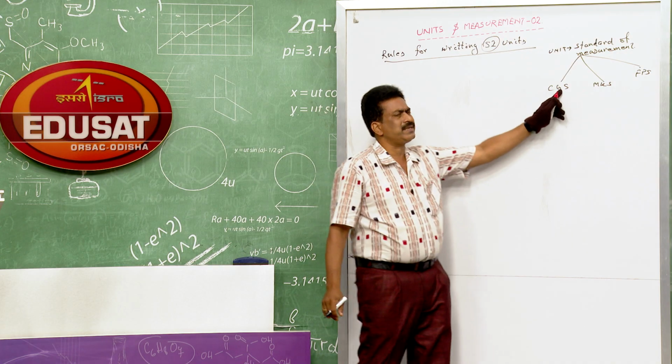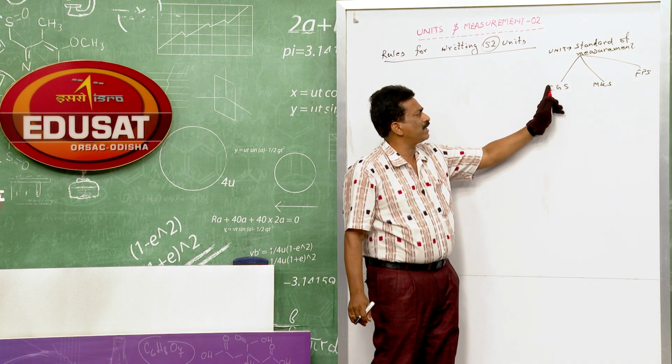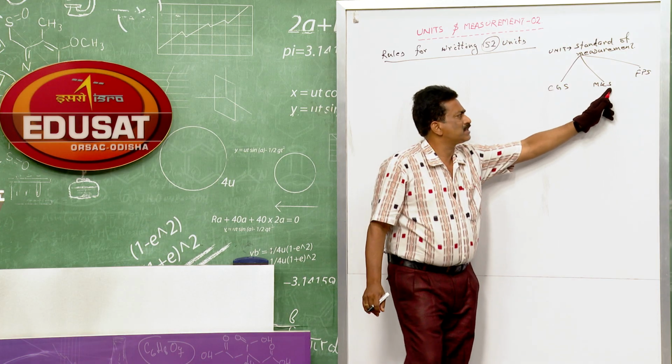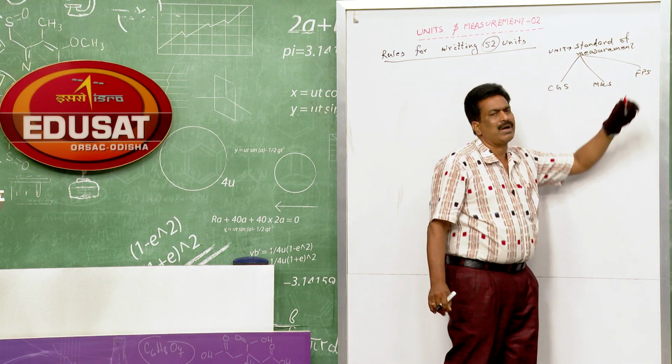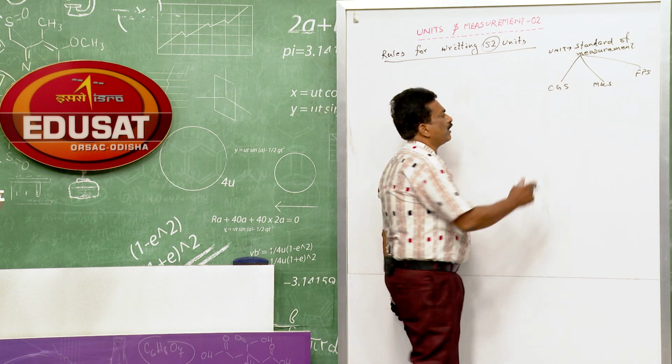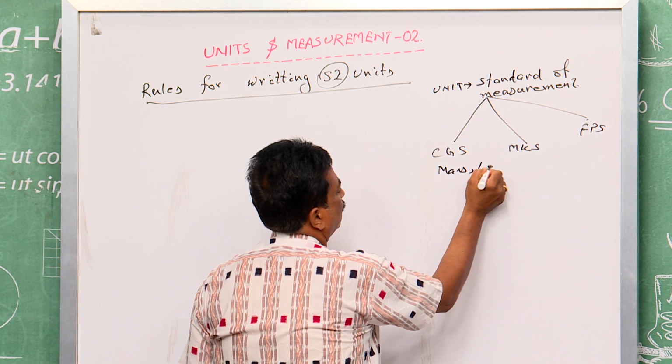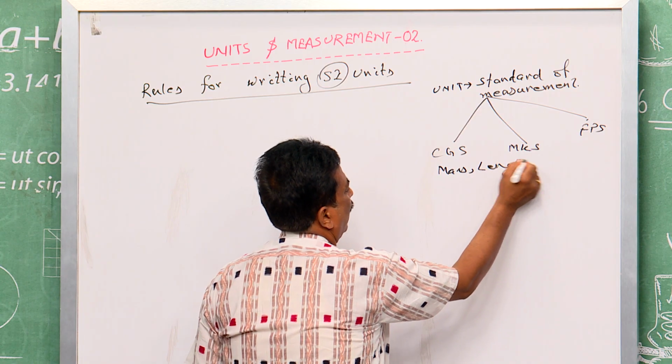For CGS, C means centimeter, G means gram, S means second. Here meter, kilogram, second. Here foot, pound and second. All these correspond to mass, length and time.